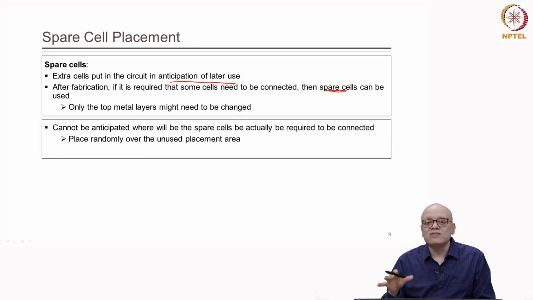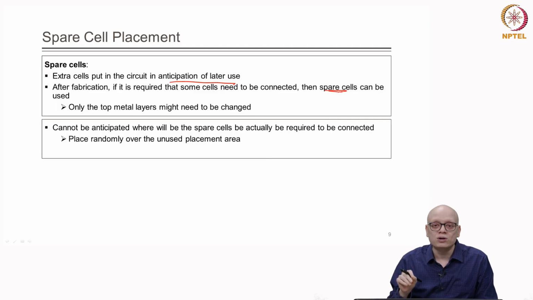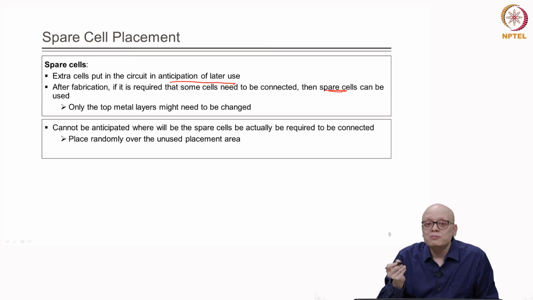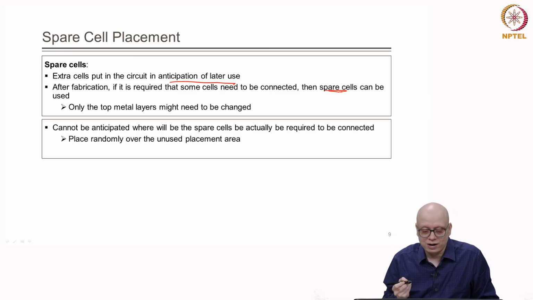We can think that if some module is doing a lot of complicated functionality, then it is more likely that some problem can be found in that module, and therefore, we can place spare cells where we anticipate that it will be required, right.